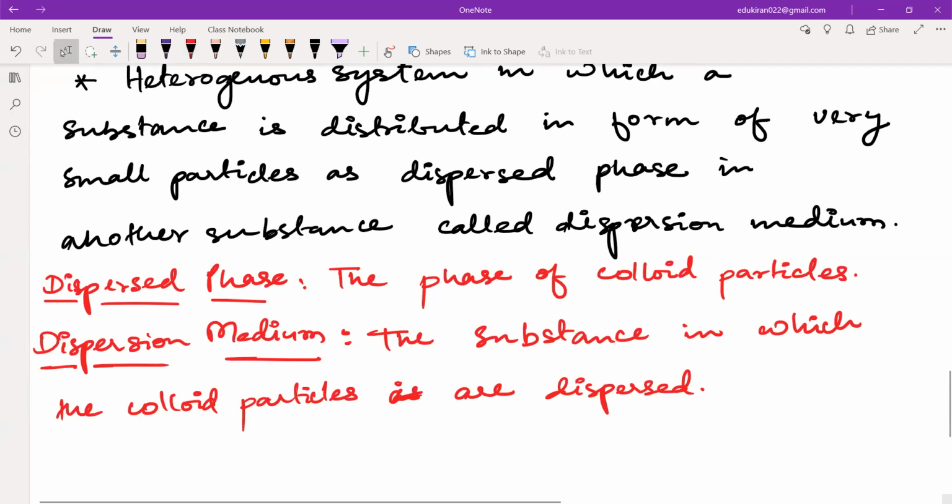Now let me get your NCERT because there's a diagram that I want to explain from NCERT.